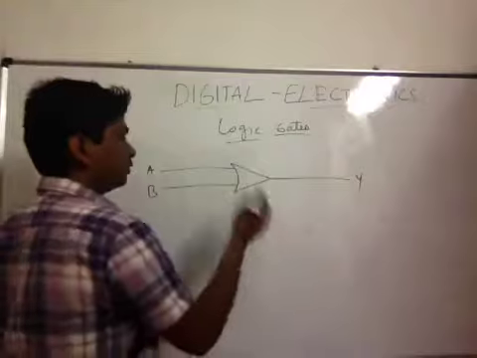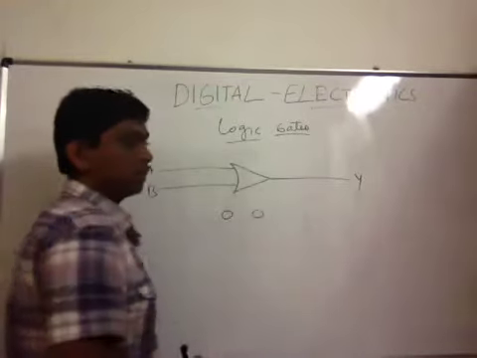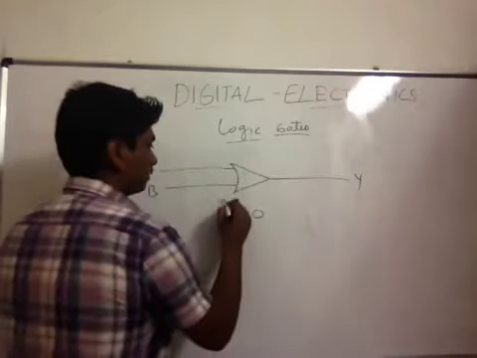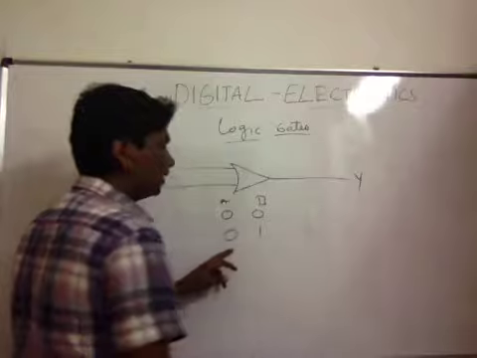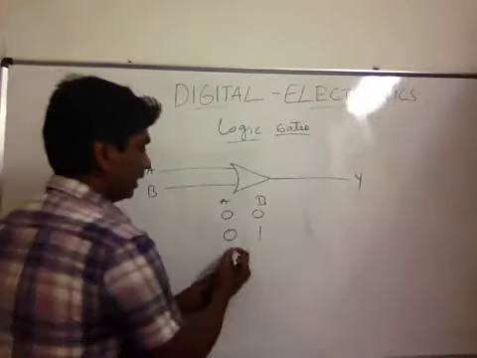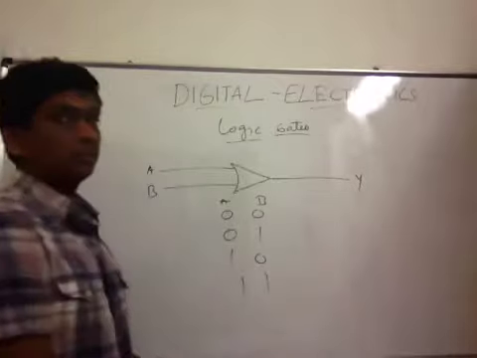So the possible combinations are: both the inputs are off. This is A and this is B. A input is off and B input is on. A input is on and B input is off. Both the inputs are on.